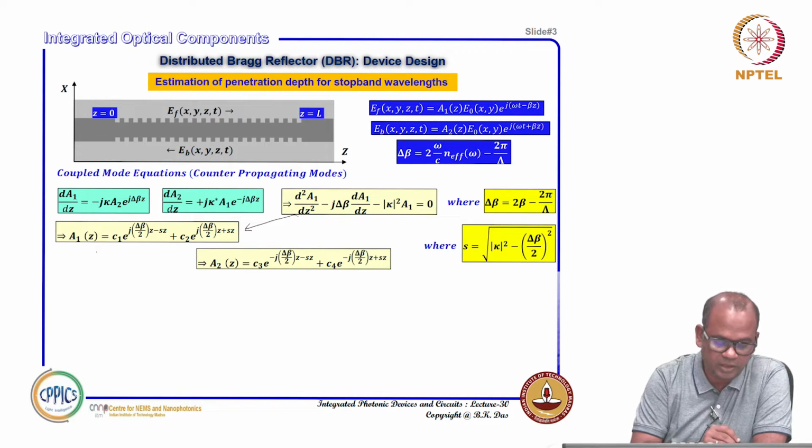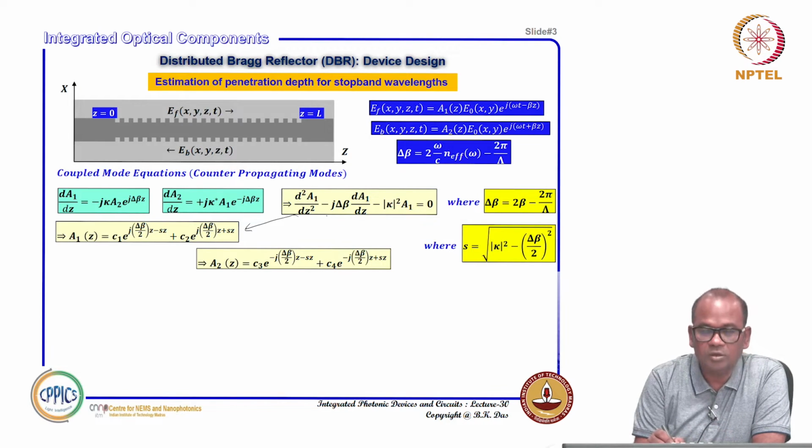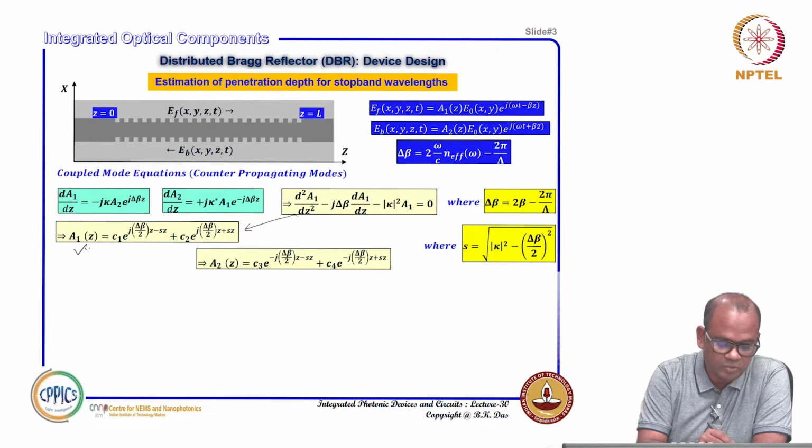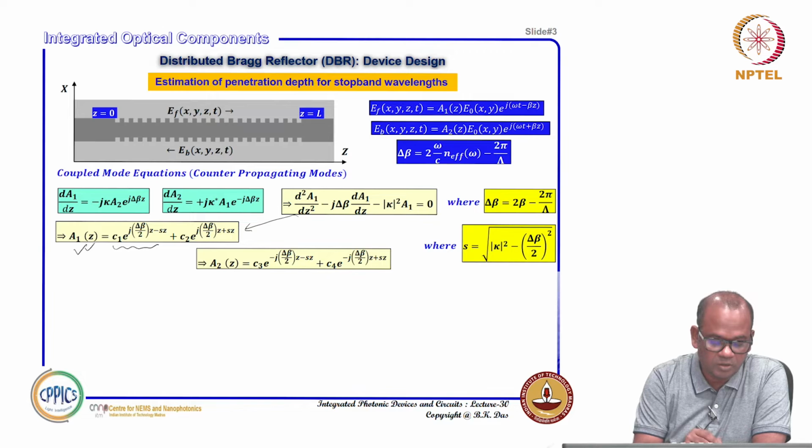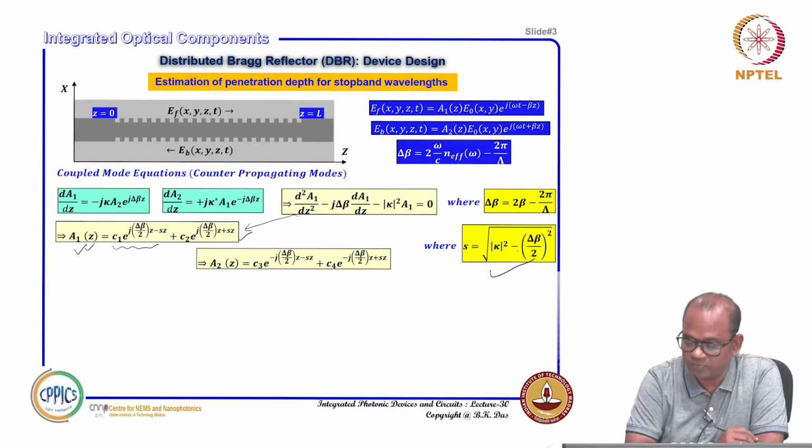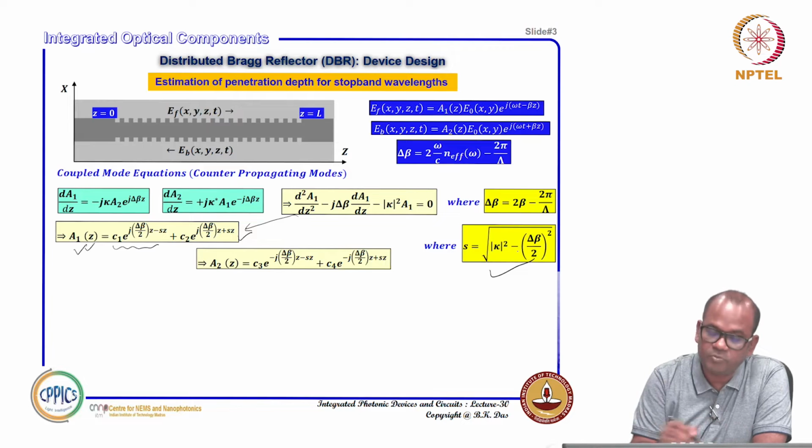From here, as we solved earlier, I am just reproducing again: if you follow the standard solution of a second order homogeneous differential equation, we will basically have two roots. One component will be e to the power j delta beta by 2 z minus sz, and the other z plus sz, where s is defined by this. That is straightforward.